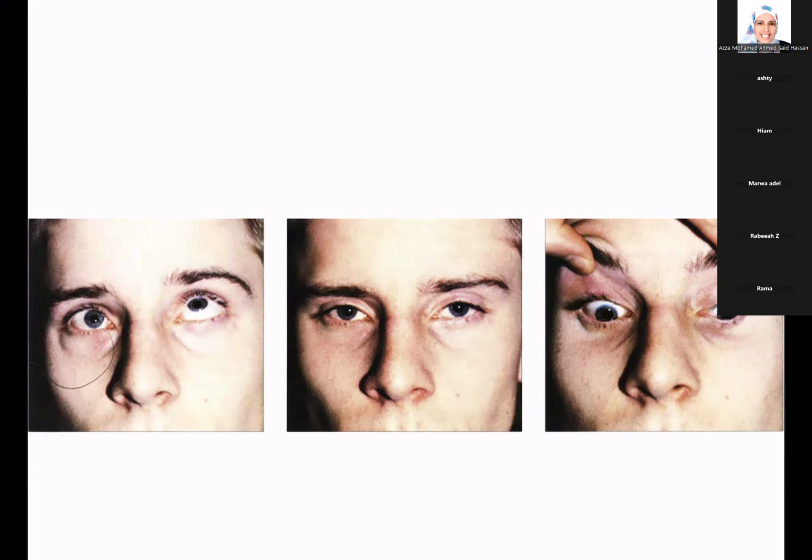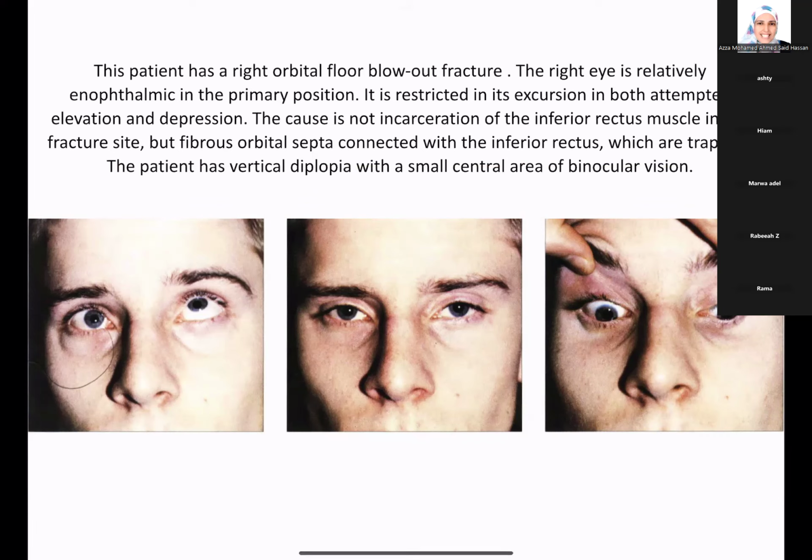The patient, as I remember, has a history of head trauma, and he is presenting with a right orbital floor blowout fracture. The right eye is relatively enophthalmic, as I mentioned, in the primary position. And he has restriction in ductions, in both attempted elevation and depression of the involved eye, the right eye.